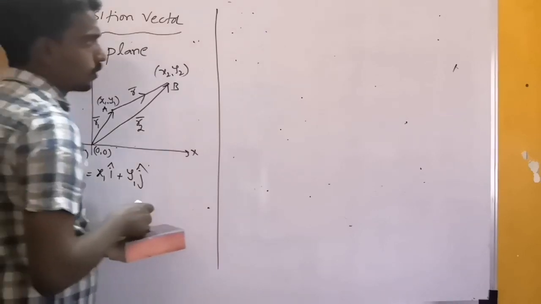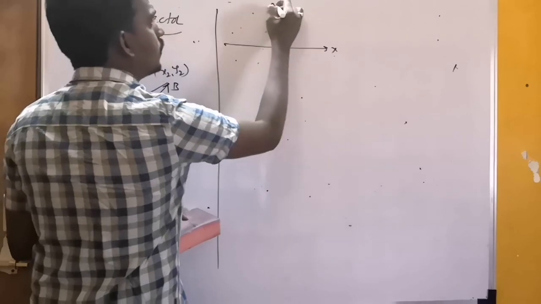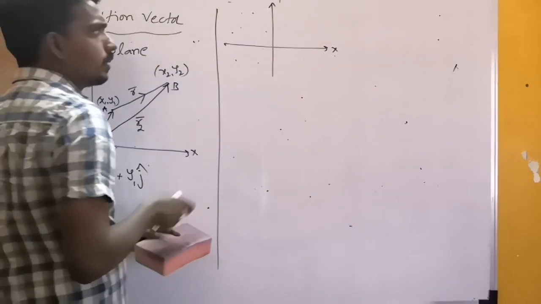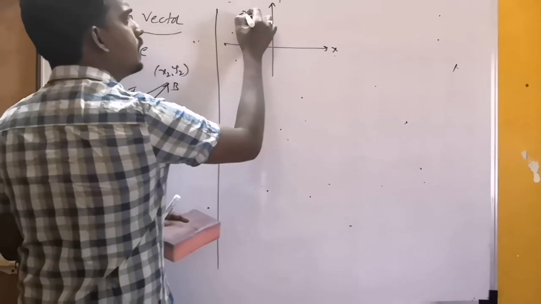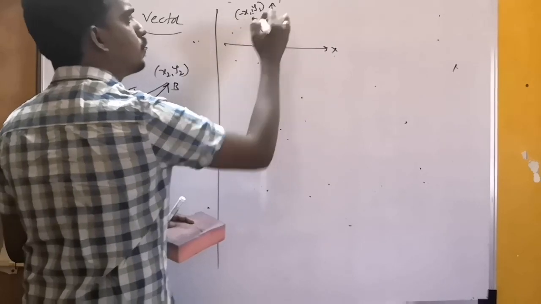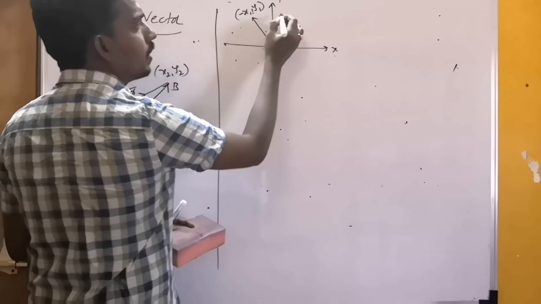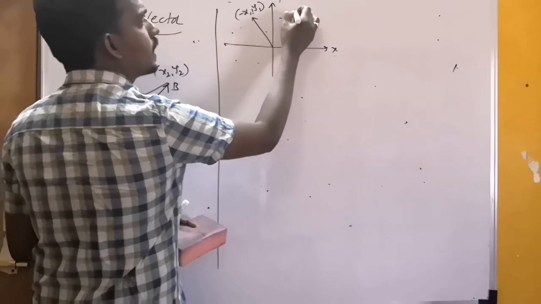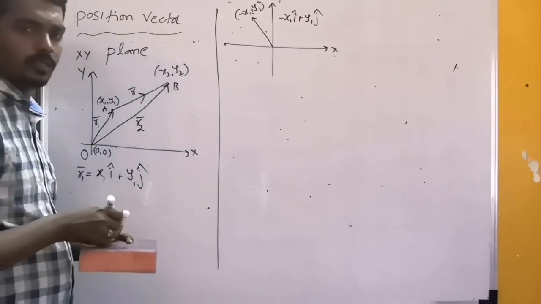Or else, suppose you take the same xy plane but the particle is here, at minus x1 and y1. Then here the position vector will become minus x1 i cap plus y1 j cap.